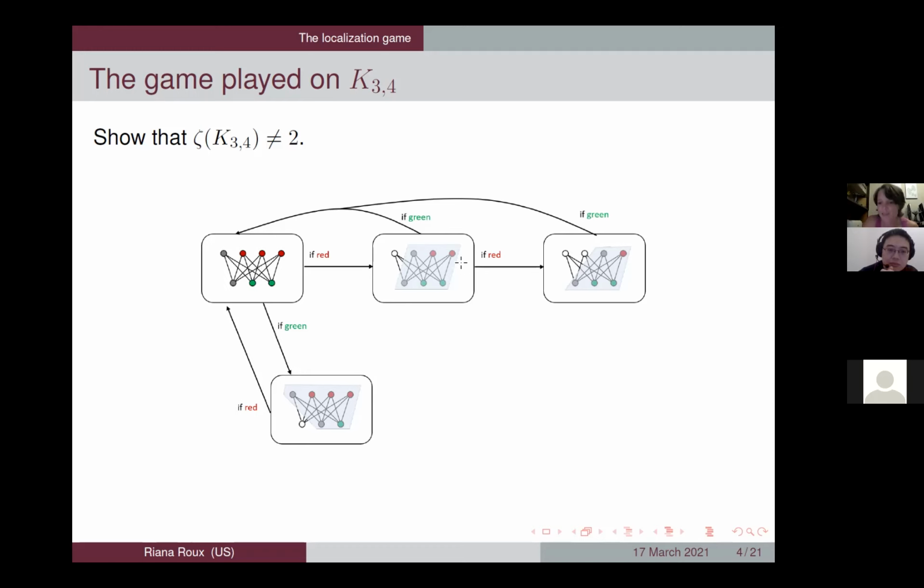Then we go to the next block. If it's red, then what happens? Well, since the robber can only be at the top 3 red vertices, like in this first case, it can only move to this shaded area. It can never go back to this white vertex over here. So now we only have to consider the shaded area.